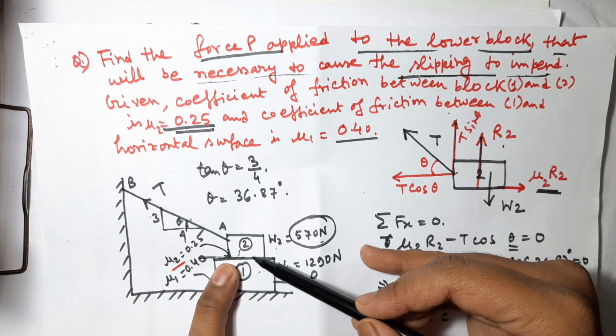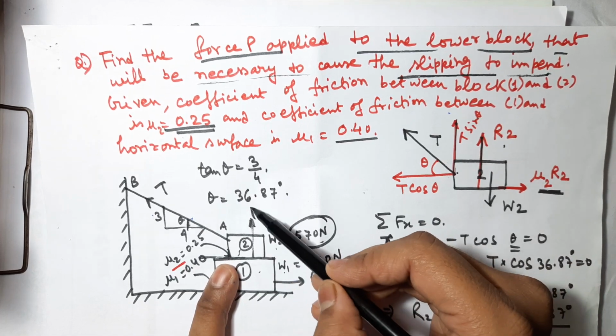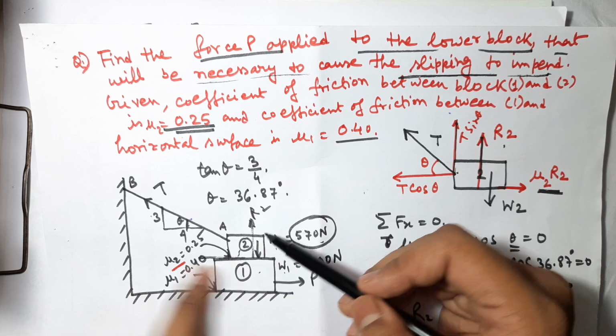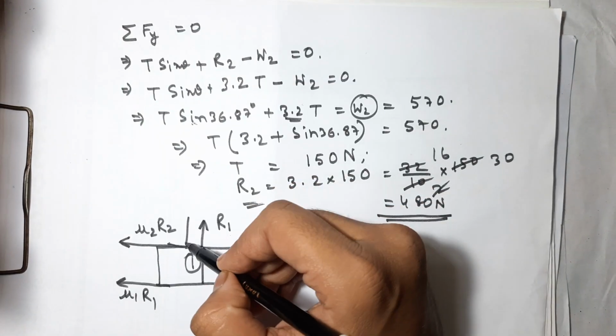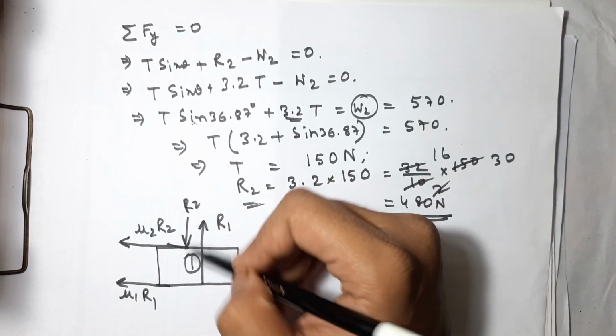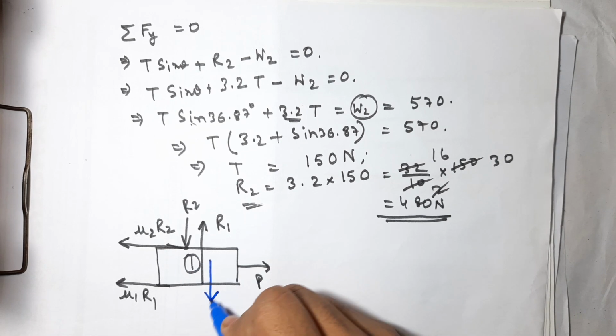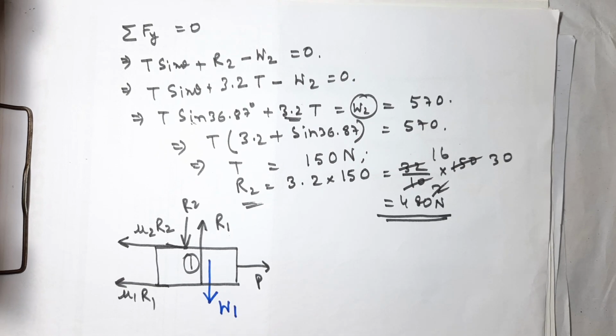The first block exerts a force on the second block in this direction, in the same way the second block will exert a force on the first block, that is R2, normal reaction, in this direction, right. So the total force along x axis as well as total force along y axis is equal to 0, and the weight of the first block is W1.